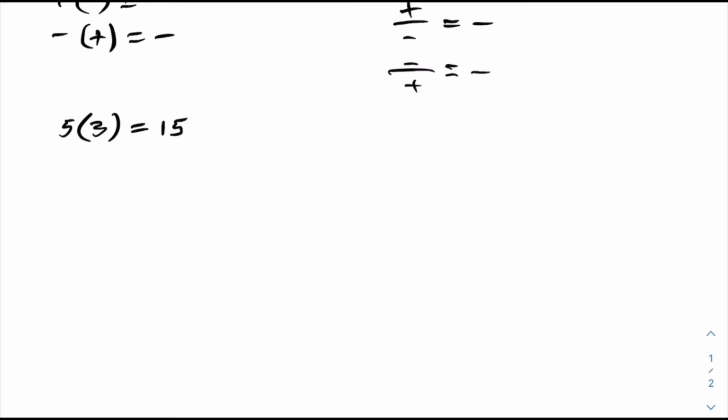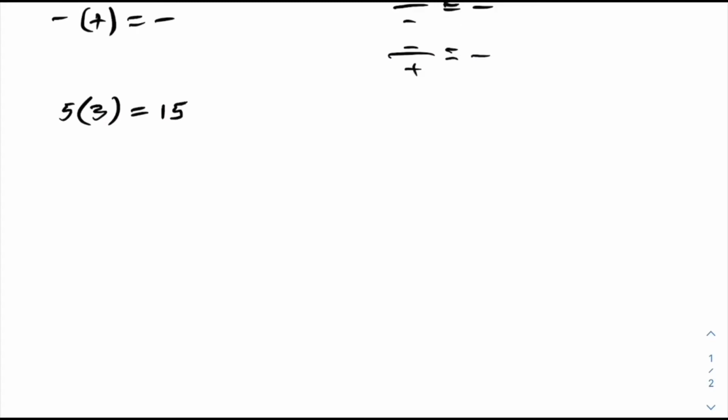So no sign means it's positive. And when a number is next to parentheses and there's a number inside the parentheses, this means that the numbers multiply each other. So 5 times 3 is 15.